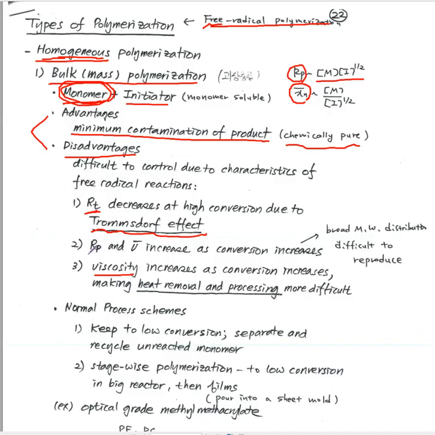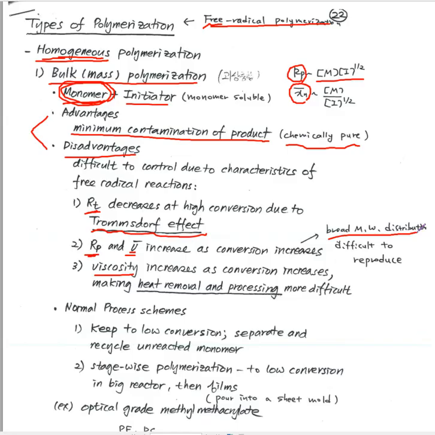And also at high conversion, because of this high concentration, the propagation rate and the kinetic chain length also increase, which means that we generate a relatively broad molecular weight distribution.